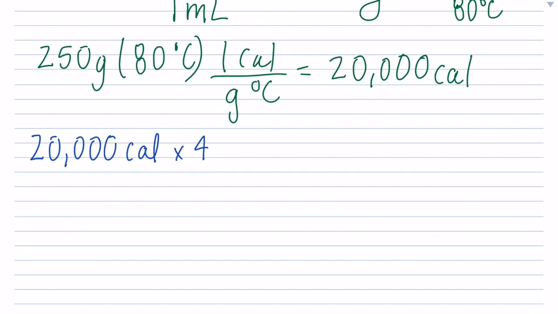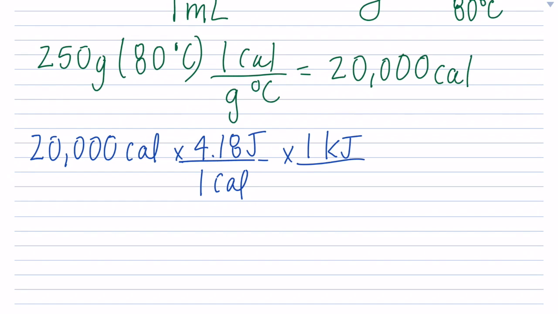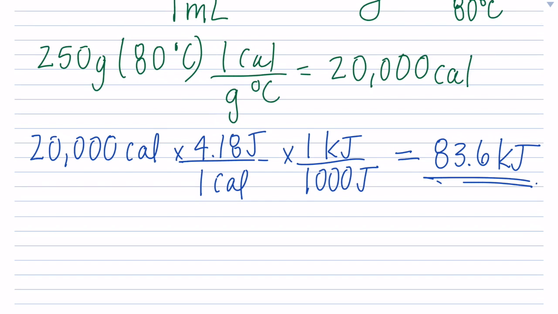Remember that there are 4.18 joules in a calorie and that there are 1,000 joules in a kilojoule. And if we do this math here, 20,000 times 4.18 divided by 1,000, you'll end up with 83.6 kilojoules. This is how much energy we need to heat up our cup of hot chocolate.